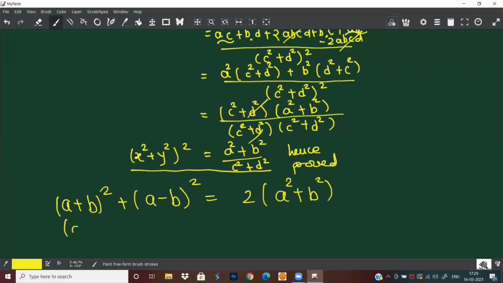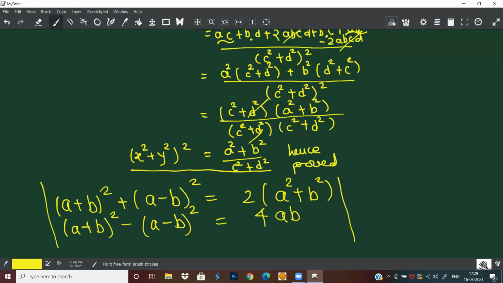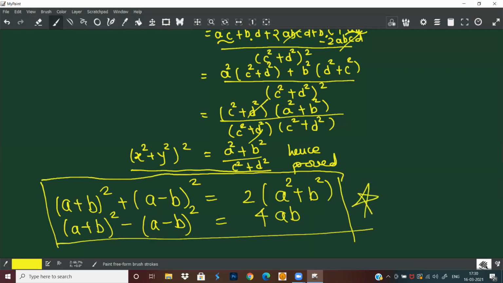And a plus b the whole square minus a minus b the whole square is 4ab. Yes, these identities you must be knowing already, na? You must have done them at school level sometime. Sometimes you need them, you know.